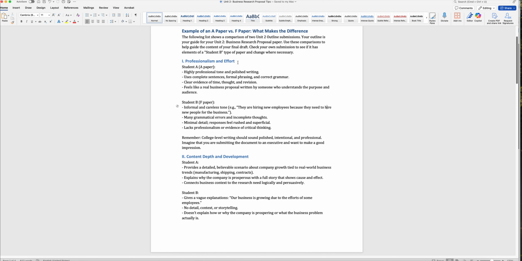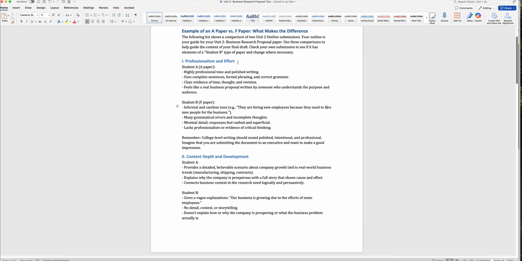So write with some level of professionalism and get to the point. This is not the type of paper where maybe in high school you had to meet a 1,000 word count and stuff like that. Business writing is not like that.